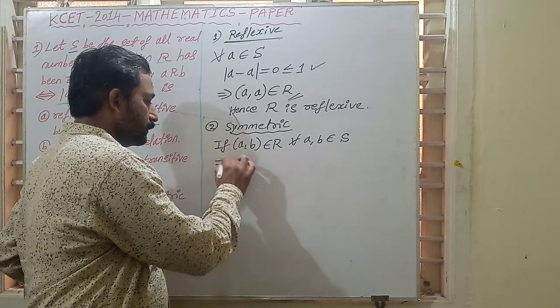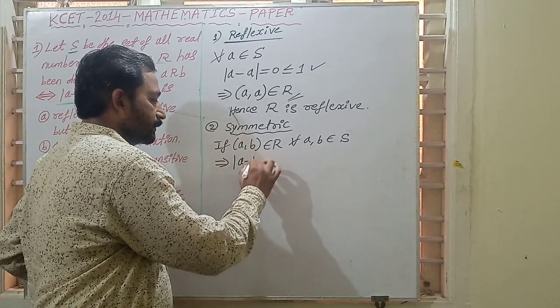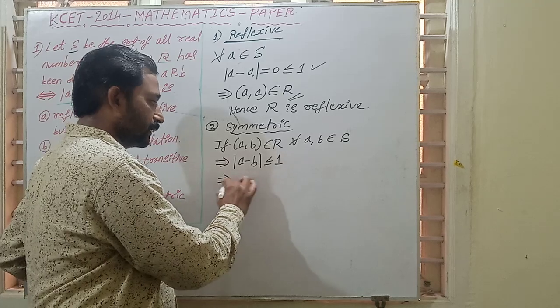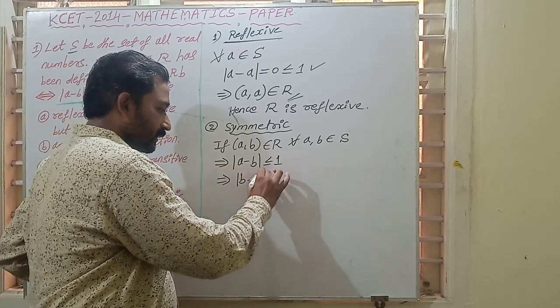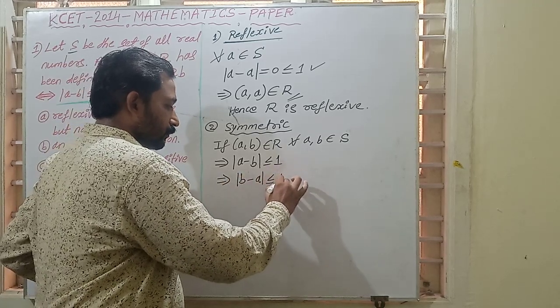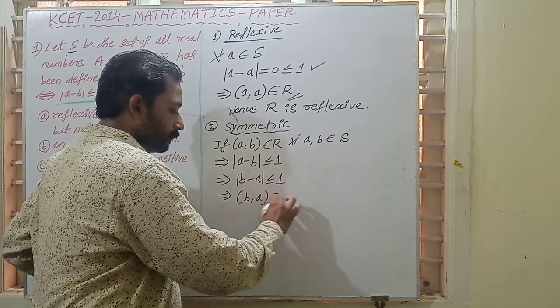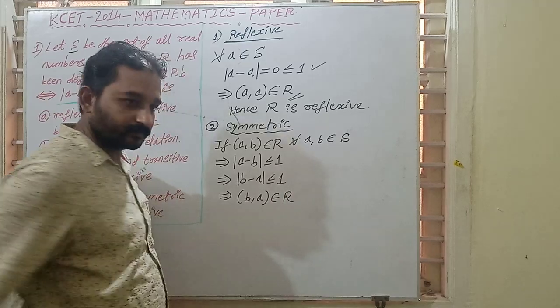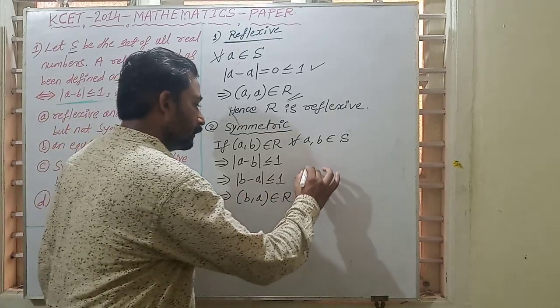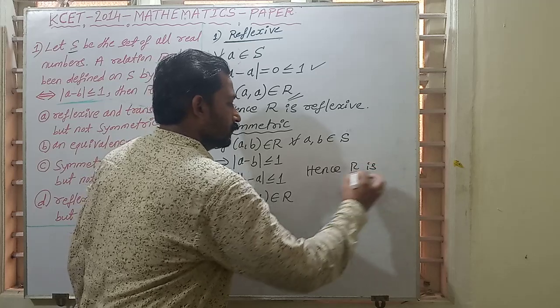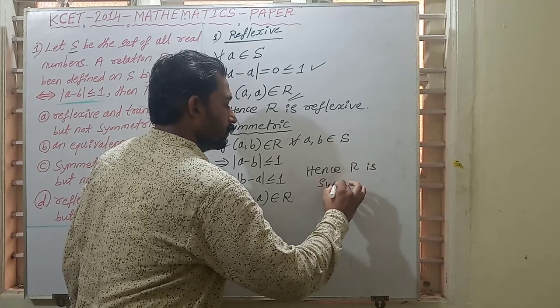So this implies modulus of A minus B is less than or equal to 1. Without loss of generality, this can be written as modulus of B minus A is also less than or equal to 1. So this can be written as (B, A) belongs to the relation. So hence R is symmetric.